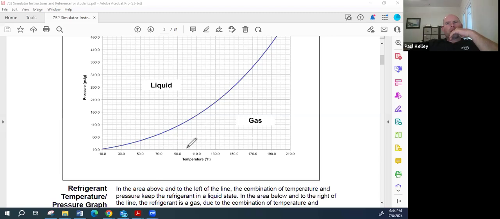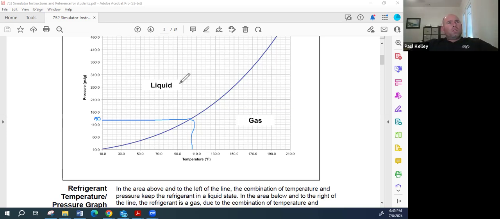I think this is 90, 100, 105, I think is going to be about here. Should be getting a temperature of what? About 110, 120, 130. Should be around a 130 ambient, 130 static pressure.